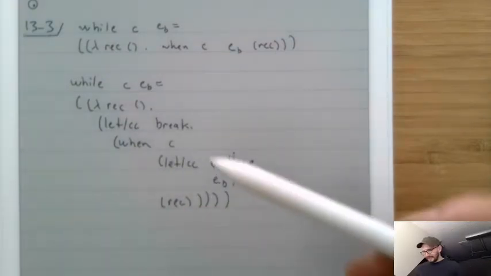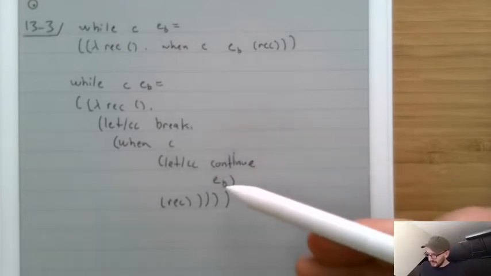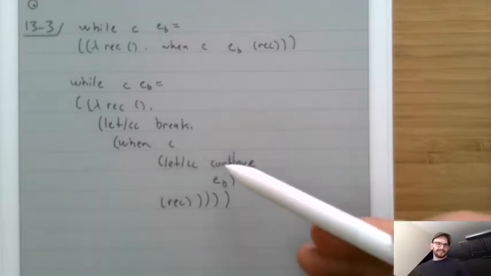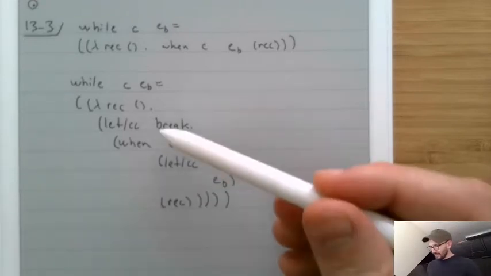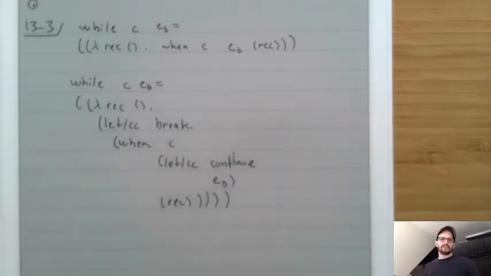So now what happens is, during the evaluation of the when, if the body calls continue, it skips to the end of the body and does the recursive call. And if it calls break, it jumps outside of it and then returns.